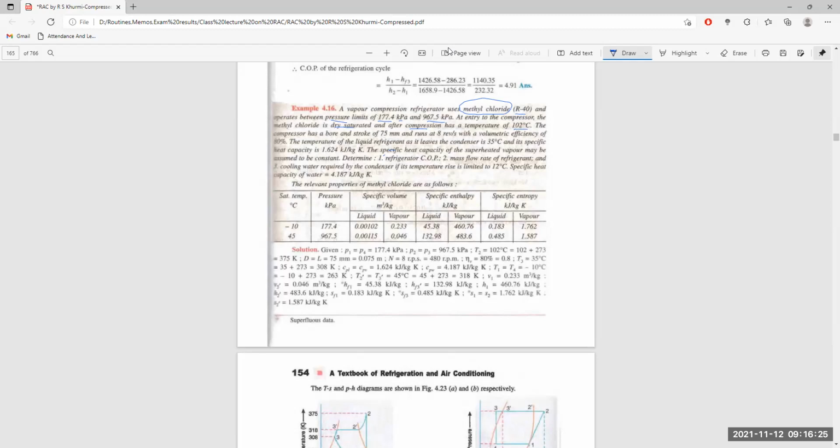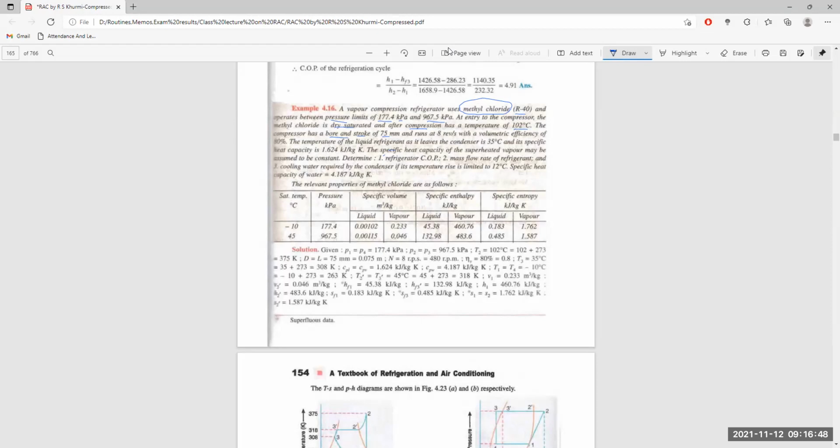The compressor has a bore diameter and stroke of 75 millimeter, and both the bore, meaning the diameter, as well as the length of the stroke are equal at 75 millimeter. This gives the swept volume of the compressor, the volume it can compress or deliver. It can be calculated from this dimension itself.